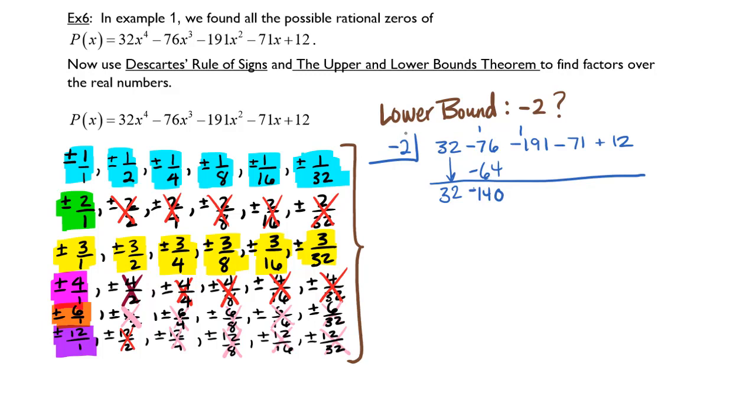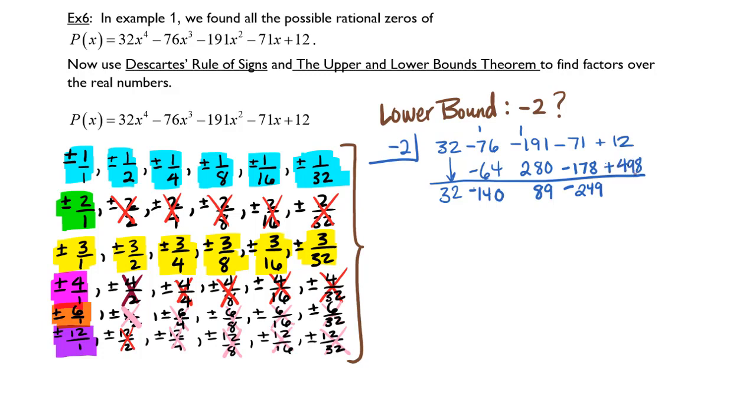-140. A -2 times a -140 is a positive 280. -191 plus 280 is 89. -2 times 89 is -178. -71 plus -178 is -249. -2 times -249 is positive 498.